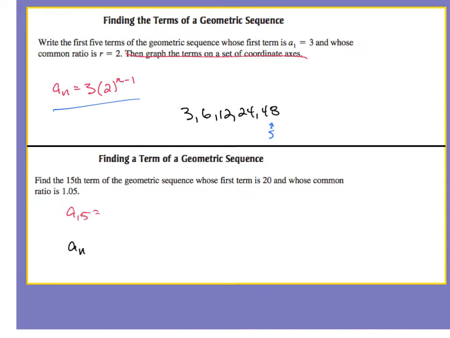So my a sub n would equal 20 times 1.05 to the power of n minus 1. And so now that I have that a sub n, I just substitute in 15. Put it in your handy dandy calculator. Go. What do we get, Jomar? 39.5986. Good. Again, we round to the 4th decimal.